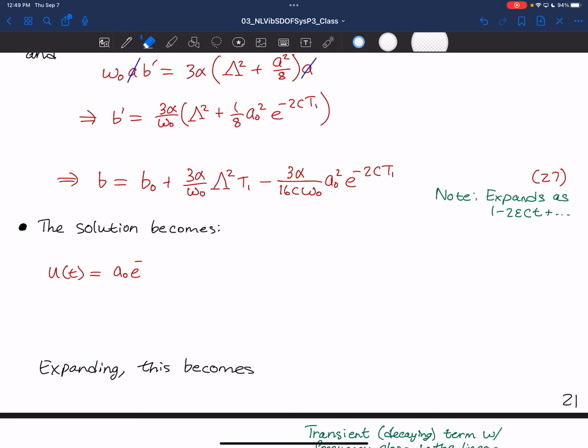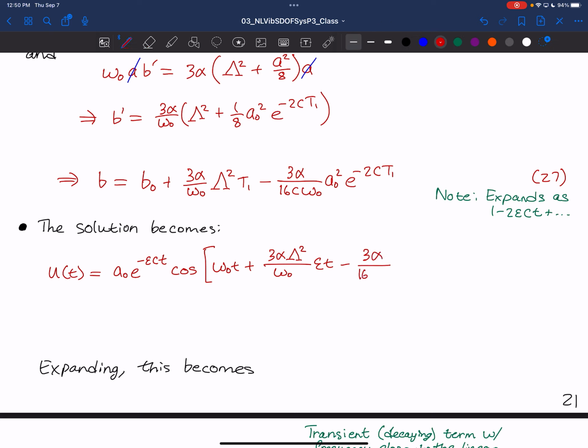All right. So we'll have a0 times e to the minus epsilon ct times cosine. We've got a large expression in the cosine, so it starts off with omega 0 t plus 3 alpha times lambda squared divided by omega 0 times epsilon t minus 3 alpha over 16c omega 0 times a0 squared e to the minus 2ct1.